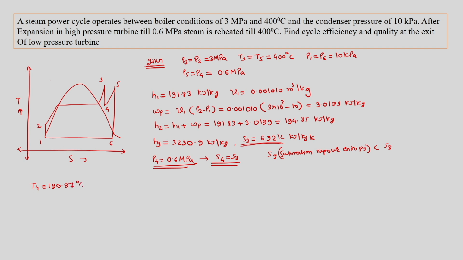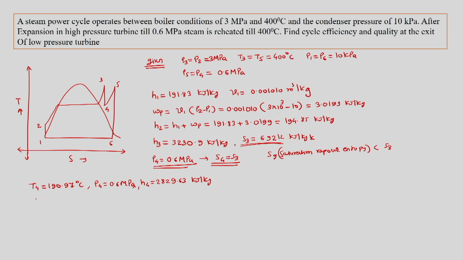and we get T4 is equal to 190.97 degrees Celsius. Since we know P4 is equal to 0.6 megapascal, at that location we can find H4, and H4 turns out to be 2829.63 kilojoule per kg.